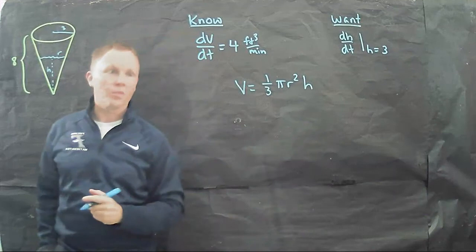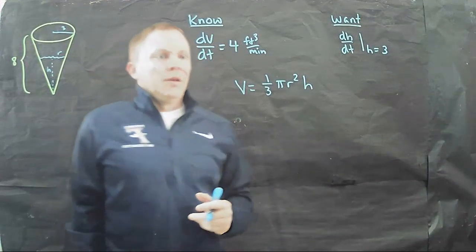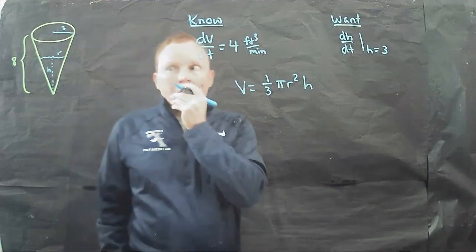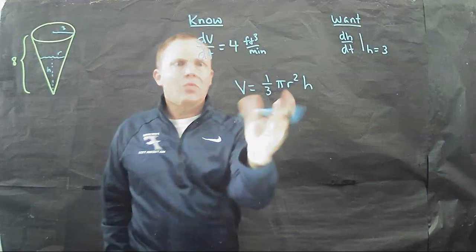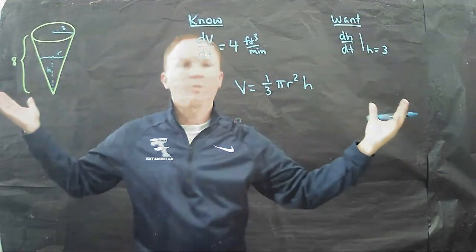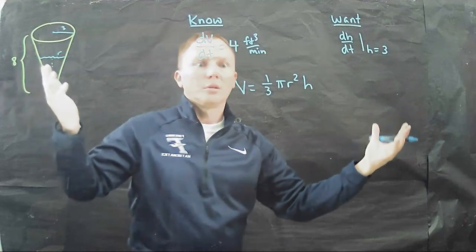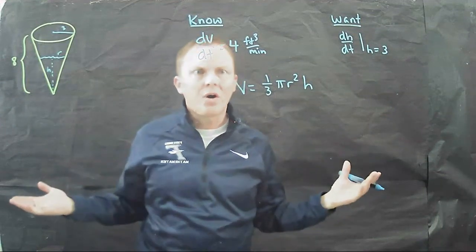Okay, that's the volume of a cone. What's in this equation that is nowhere to be found in our given information right now? R. We don't have anything about R, right?